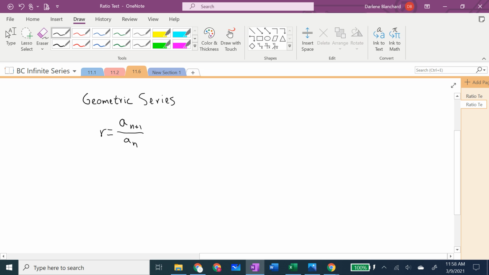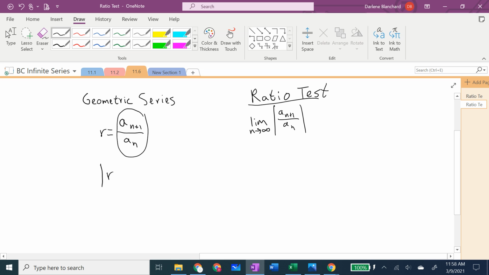Now, what the ratio test does is it looks at the ratio of a term and its predecessor as you go down a little farther. And they actually take the absolute value for the sake of being easier, because a geometric series converges if the absolute value of r is less than 1.